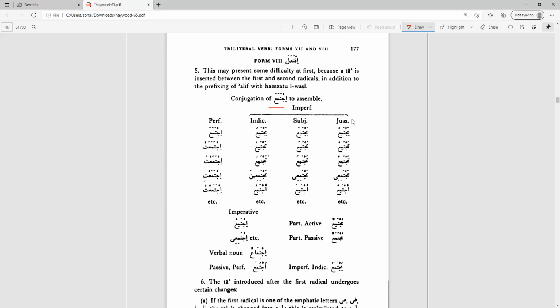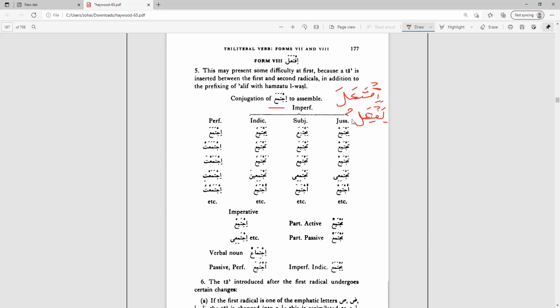Form 8 is ifta'ala. Yafta'ilu. So as you can see, the way this verb works is the hamza is inserted, then there's the first root letter, then the additional ta is inserted. Ifta'ala, yafta'ilu. So there are 2 additional letters in the passive.